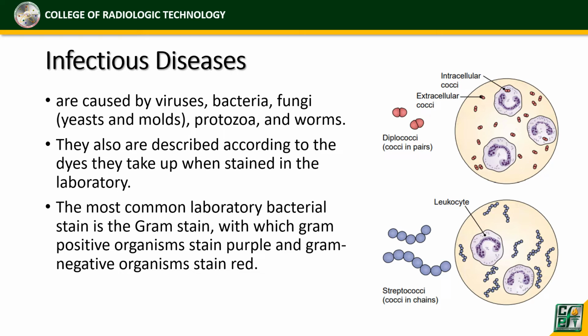As you can see in the image, Diplococcus is color red, and that means it is gram negative. On the other hand, Streptococcus or the Streptococci have the shade or dye of purple or blue, meaning that it is a gram positive bacteria.